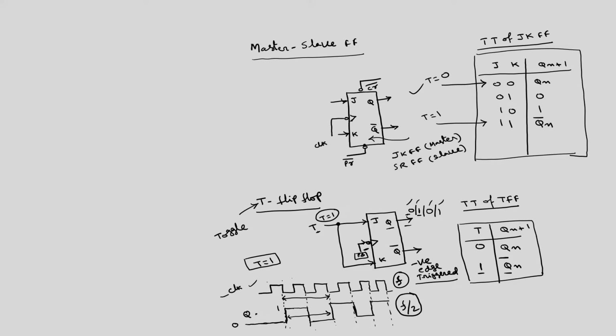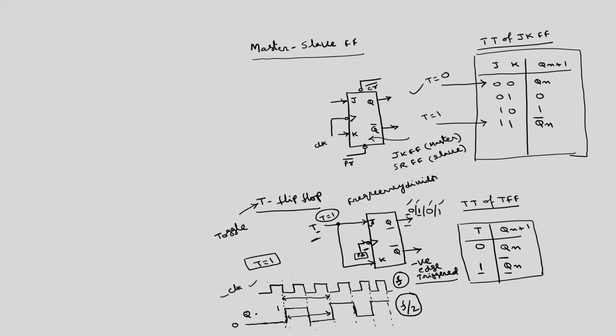Okay. So, we can use this circuit as a frequency divider also. If I want to divide by a factor of 4, we need two such T flip flops. This is not J, this is T flip flop. You have to design two such T flip flops.